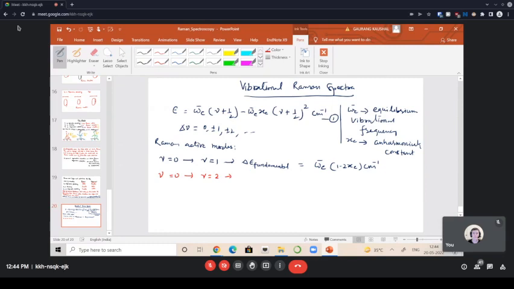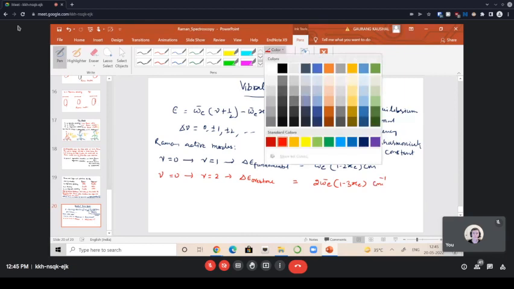So this is delta E overtone. When you put the value of 0 and 2 in equation number 1 and find out the difference, you will see that it will be 2ωe (1 minus 3xe) centimeter inverse.